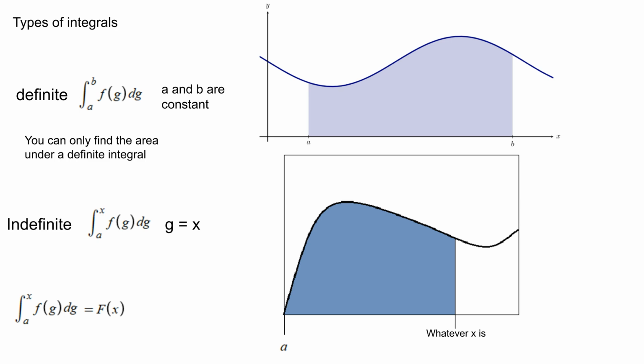The next one is the indefinite integral, where the points can change, like x is a variable, so the graph will go to whatever x is. This isn't particularly useful for finding areas, so we're not going to go any deeper into it. But it is used to find a range of functions, so I've added it just for clarity's sake.